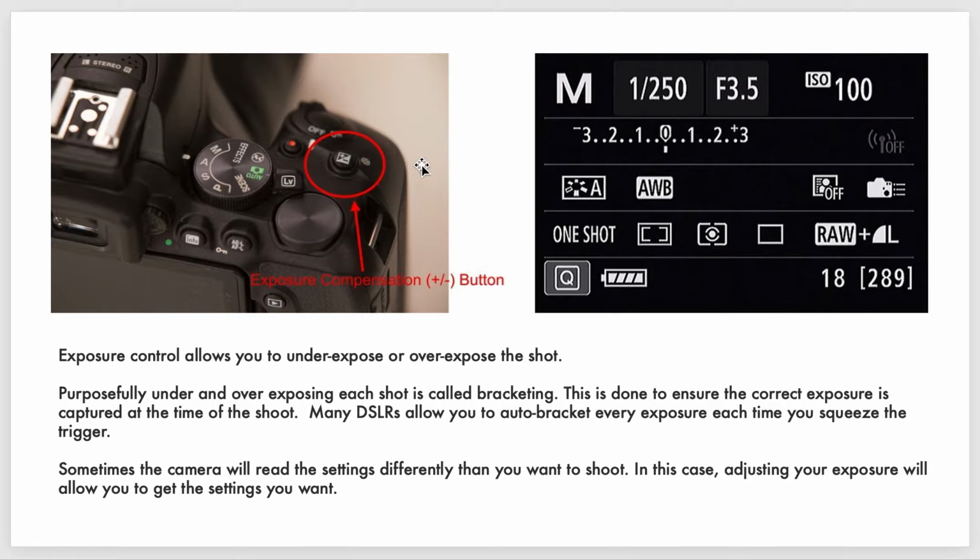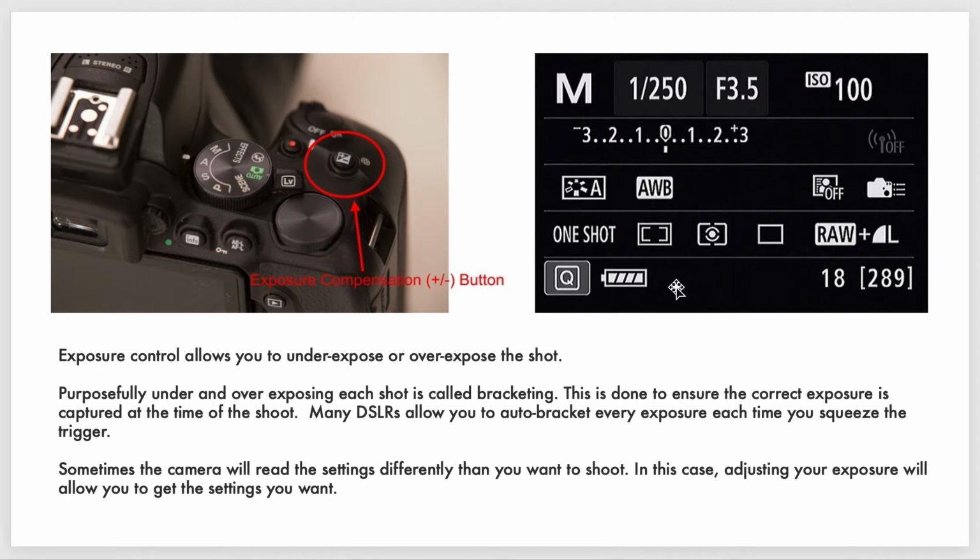So on this particular camera, there's a button that's got a plus and a minus sign, and that is called the exposure compensation button. It allows you to underexpose or overexpose the shot based on the camera readings.